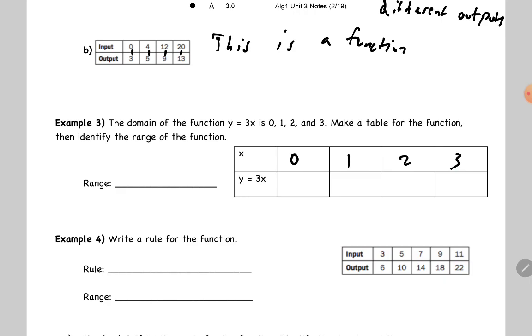Make a table for the function, then identify the range of the function. So they tell us that our function is y equals 3 times x.